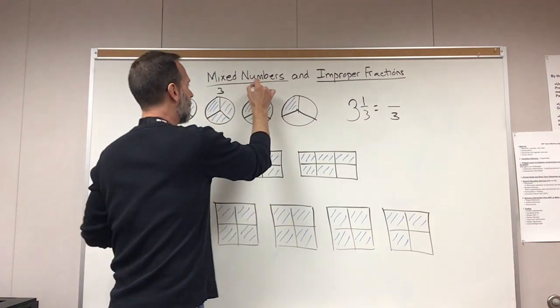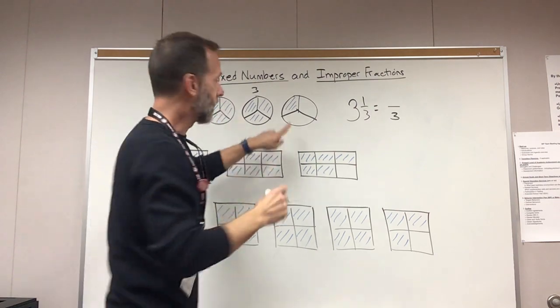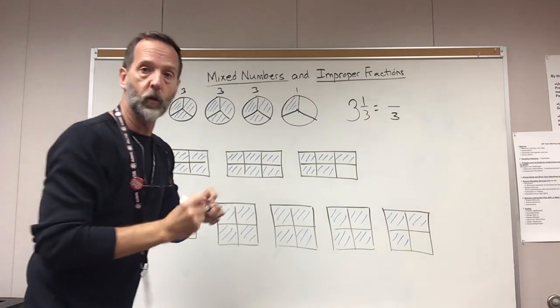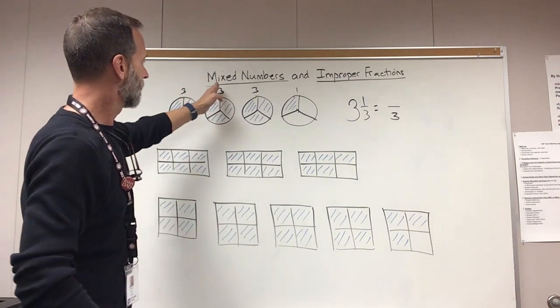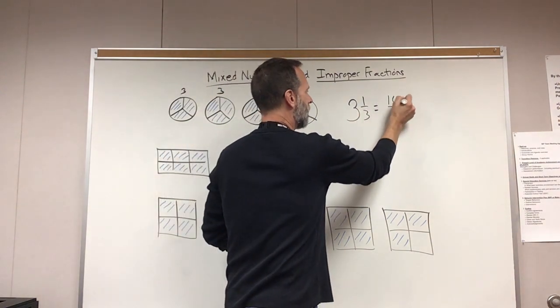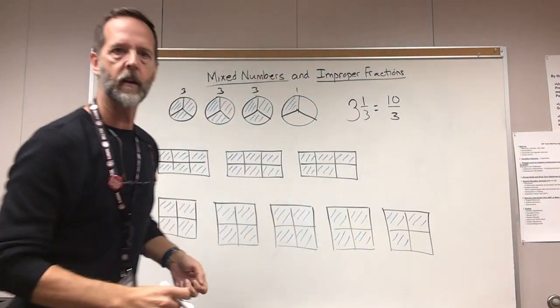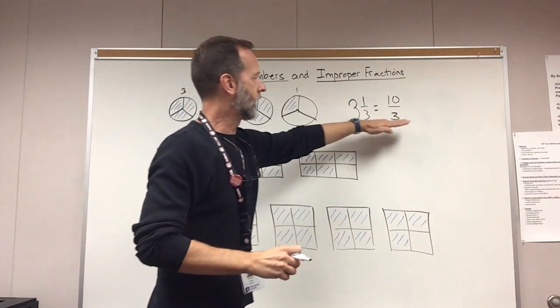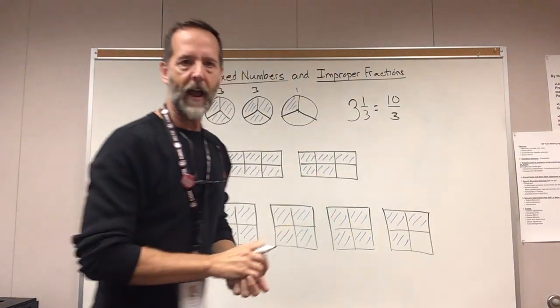We have 3. How many do we have there? 1, right? We don't have those 2. We just have 1. So how many thirds do we have altogether? 3, 6, 9, 10. We have 10 thirds. So this is my mixed number, and this is my improper fraction.